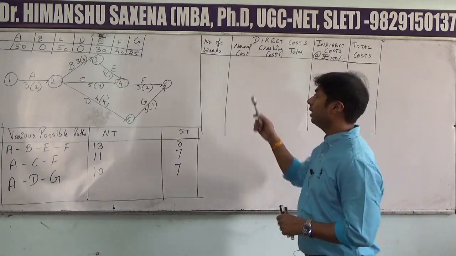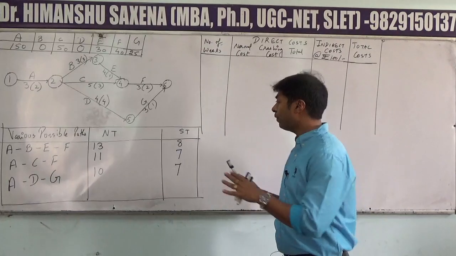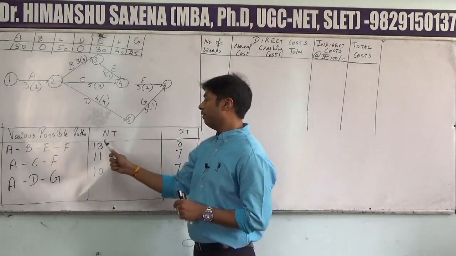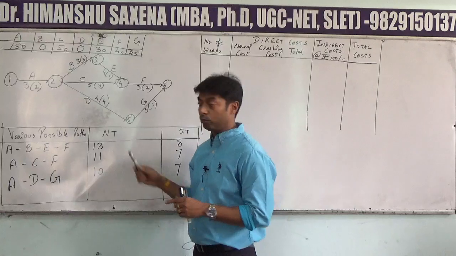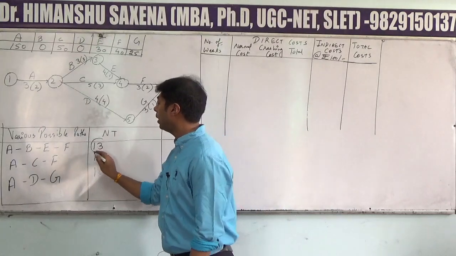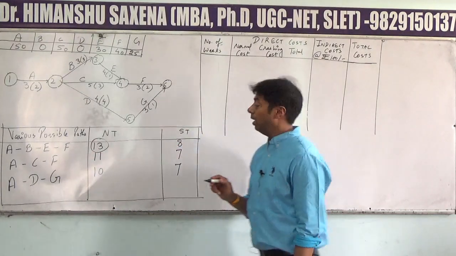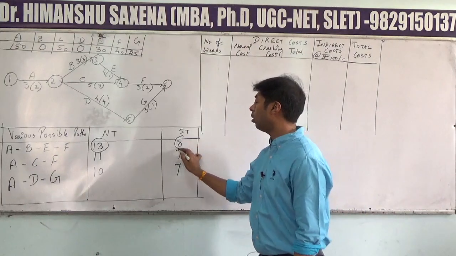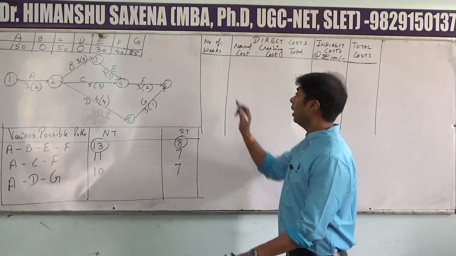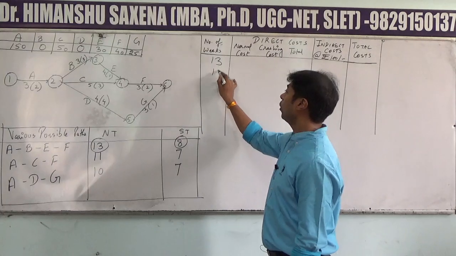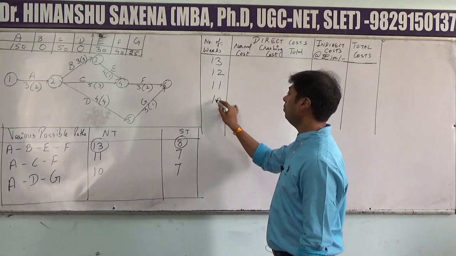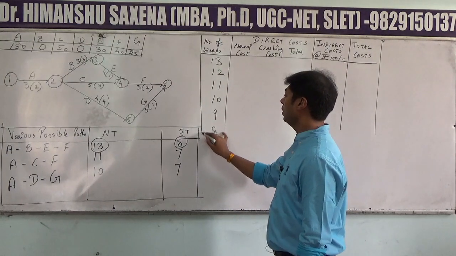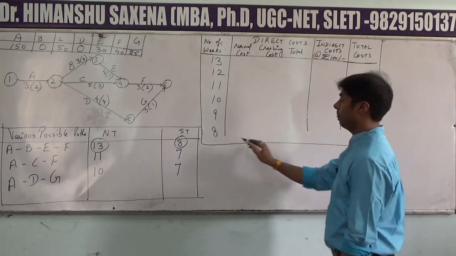Now we will have to find out the interval of crashing, and for that we have to select the highest values. Remember, the highest value in this column is 13 and the highest value in this column is 8. So we are going to crash the project from 13 till 8.